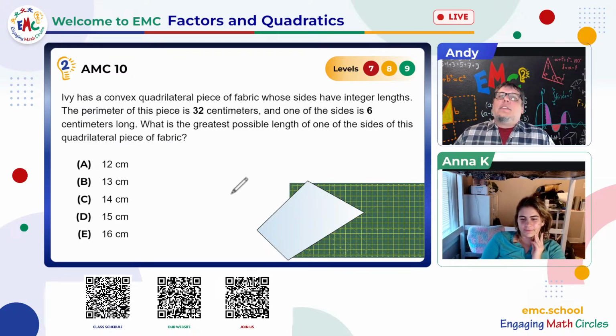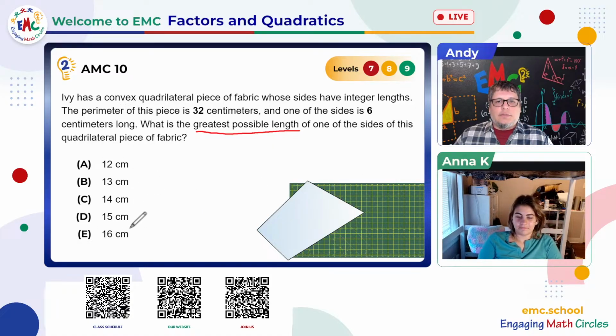So if I know there's at least a 6, what's the largest possible length of the other sides? Should I just try the ones they gave me? Start at 16, I guess.